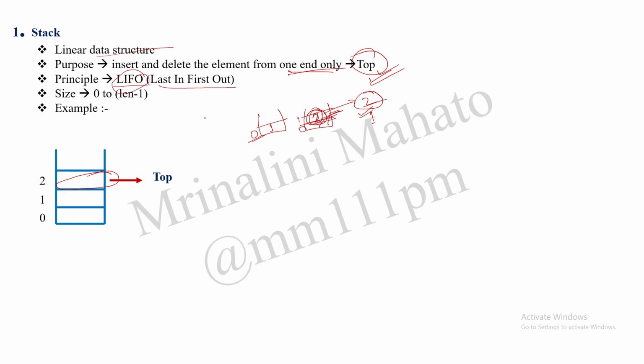Now size is 0 to length minus 1, because it will start from 0. In this example, 1 and 2, there are two elements only, so total length is 2, and 2 minus 1 is 1. So it will take 0 to 1. Okay, so this is the example.